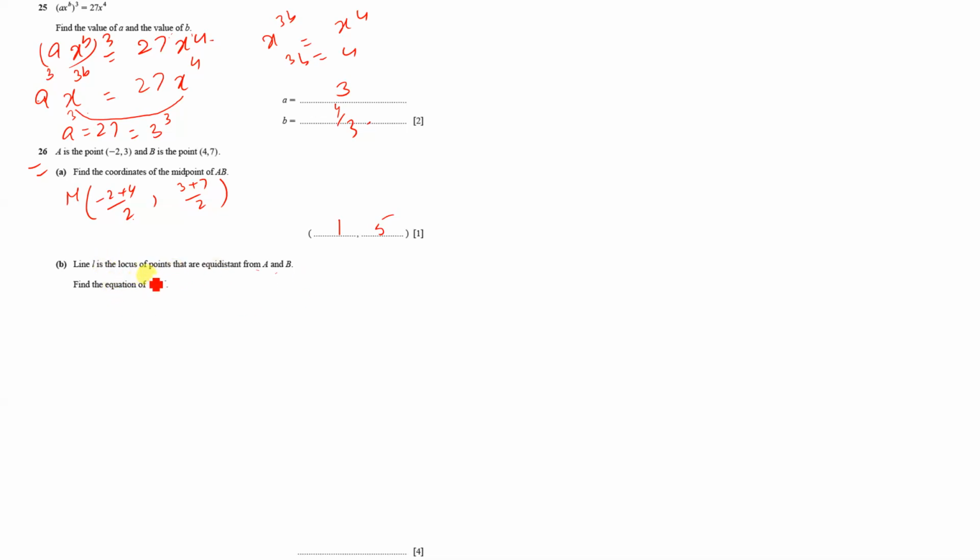Line L is the locus of points that are equidistant from A and B. So find the equation of the line.